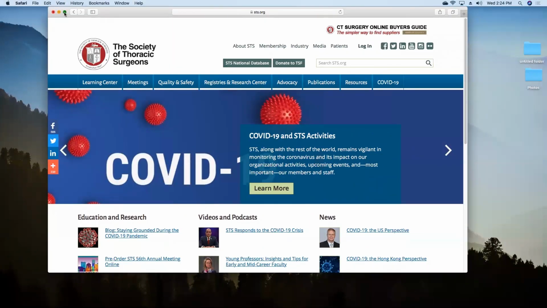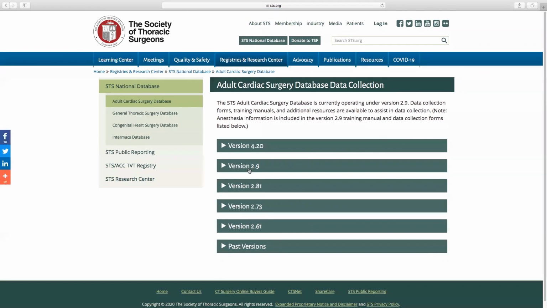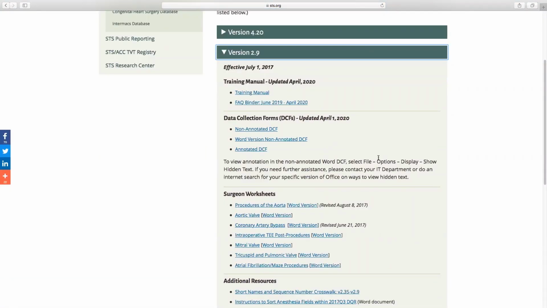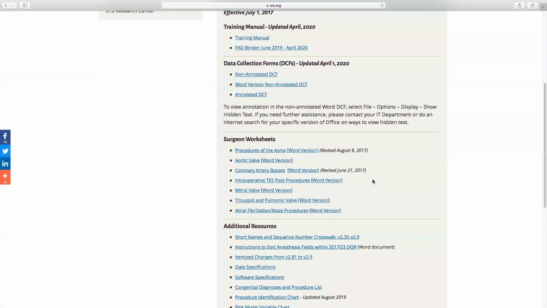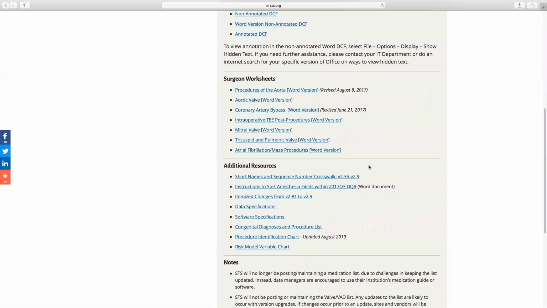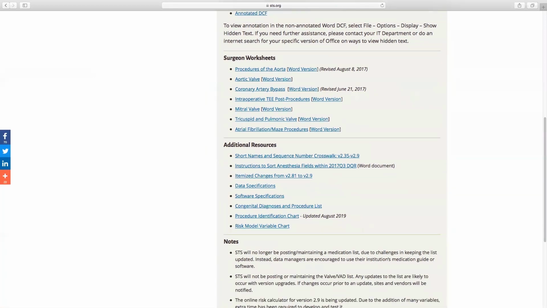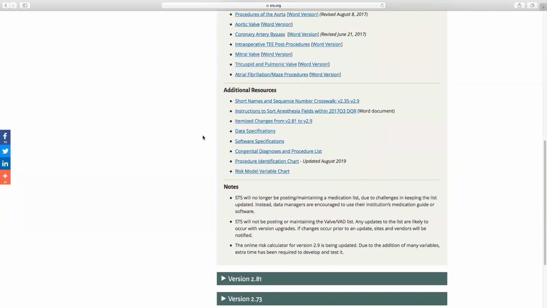So the STS website page. Okay, so this is the 2.9 data collection tools. You all are very familiar with this. If you're raising your hands on your screen, we can't unmute you, so if you have a question, please put it into the Q&A so we can get to it.